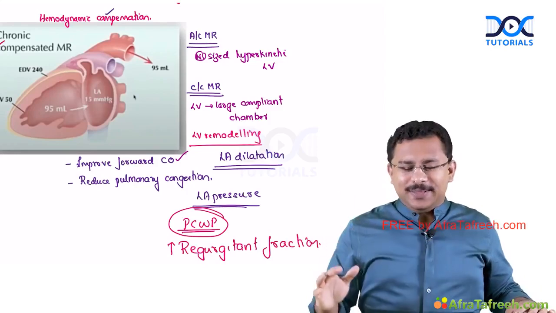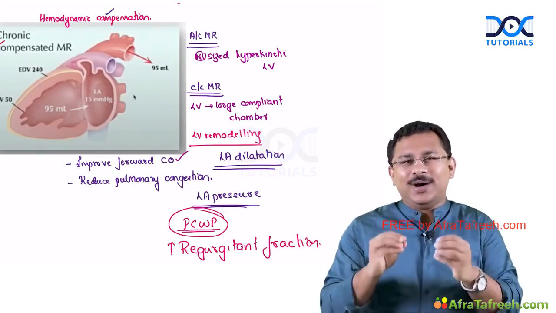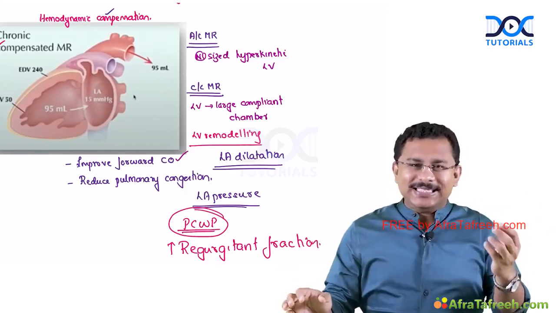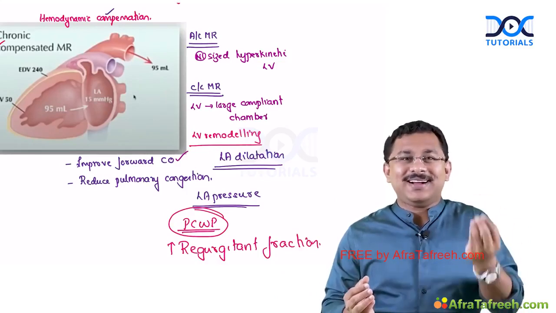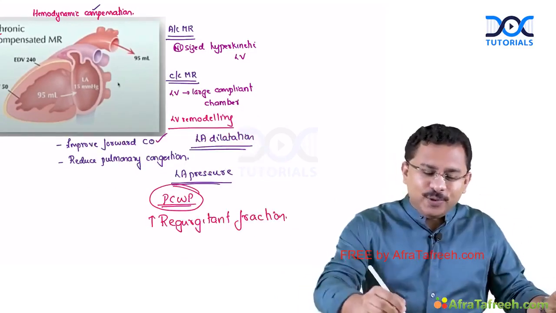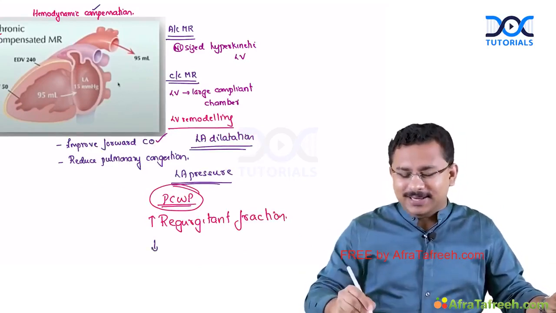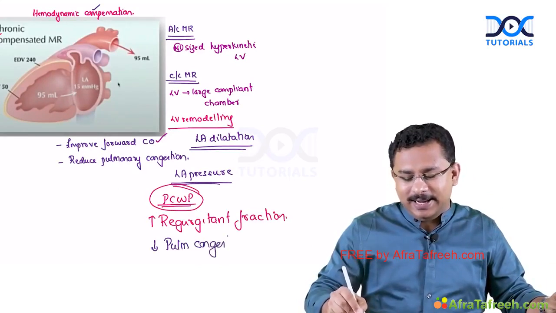Okay, all right. So what I am trying to tell you is that in chronic MR, you are having an increased atrial compliance, and the increased atrial compliance will reduce the pulmonary congestion and edema. So if you compare with the acute MR, in case of a chronic MR, there is a reduced chance for pulmonary congestion and edema.